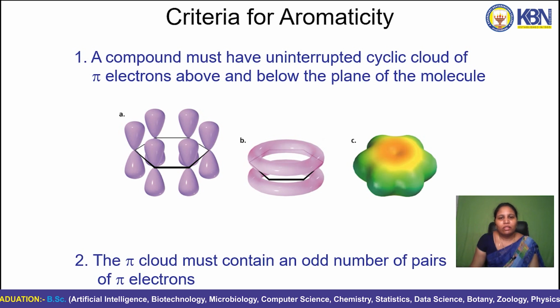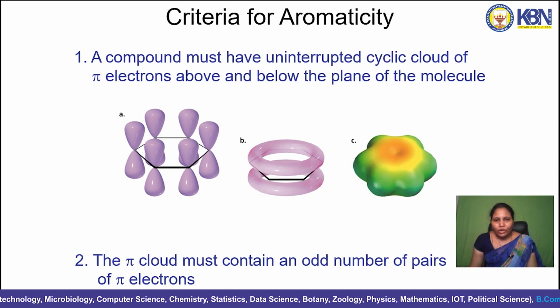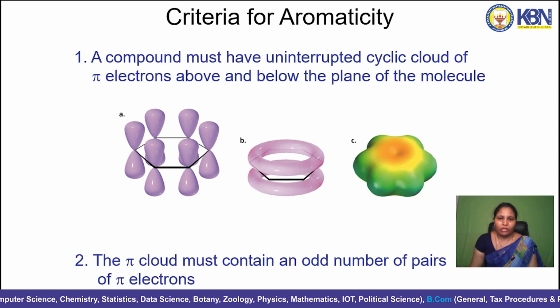We have already discussed in the first point that it should contain electrons oriented in a cyclic manner. The second condition is that it should contain an odd number of pairs of pi electrons. That means 1 pair of electrons, 3 pairs of electrons and 5 pairs of electrons in this manner.